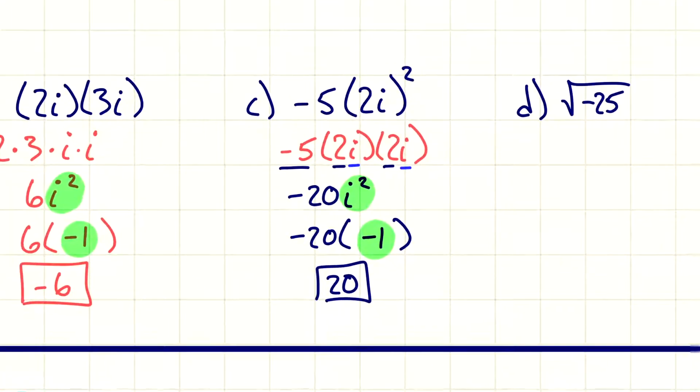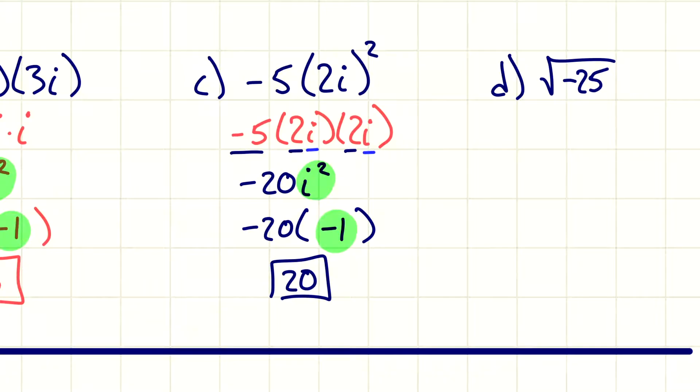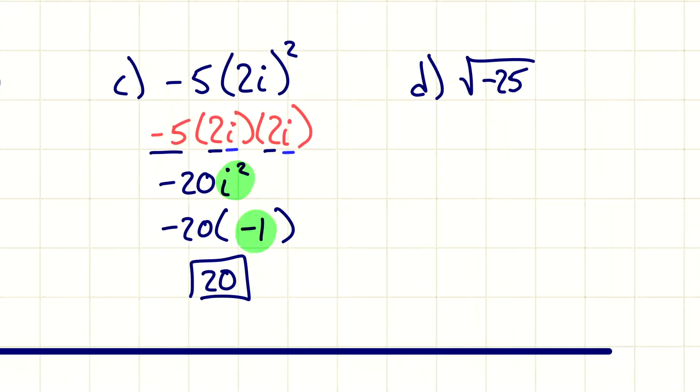And then the last one, see if you know the answer to this one. I'll let you type it, solve this, and then see if you could answer this one for part D. All right, so let's separate this. The square root of 25 times the square root of -1, right?